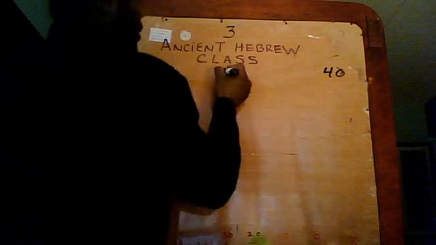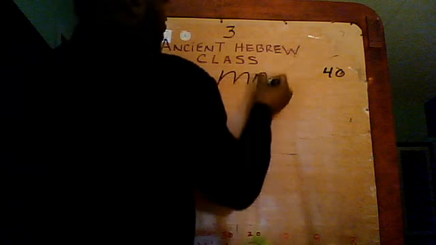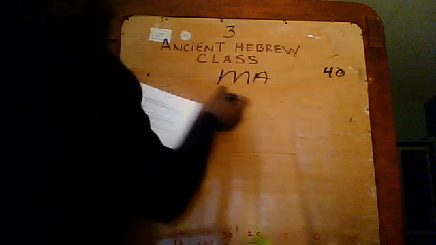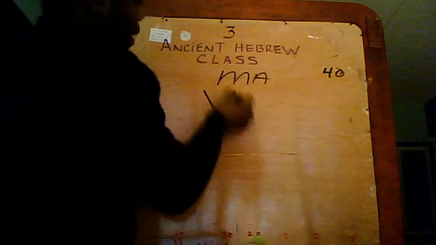And 40. We have ma. This pictograph depicts a river flowing up and down in a traversing manner and then finishing off to the right.